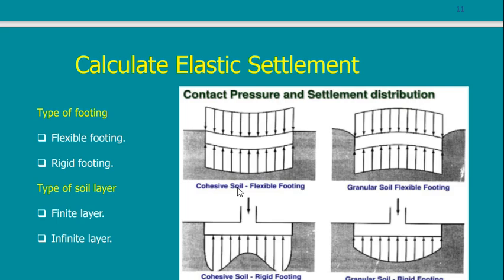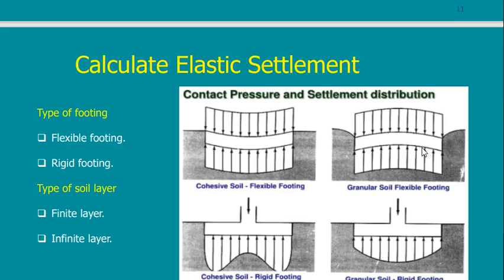Here, cohesive soil on flexible footing. Here, granular soil, sand, on flexible footing. So the case above here is the case of a flexible footing. It means that the footing can bend. You see here, this is the footing. It bended like this or it bended like this.